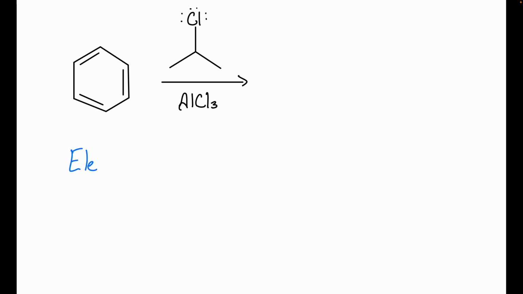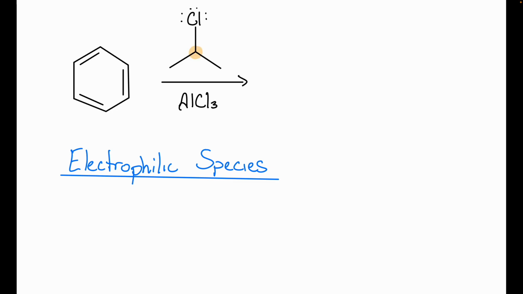All right, so our electrophilic species is again going to be that carbocation. But which carbon is our carbocation going to form on? Well, again, your chlorine is removed, leaving you with that carbocation. So if I'm going to draw my product here, I need to attach the carbon 2 to my benzene ring.